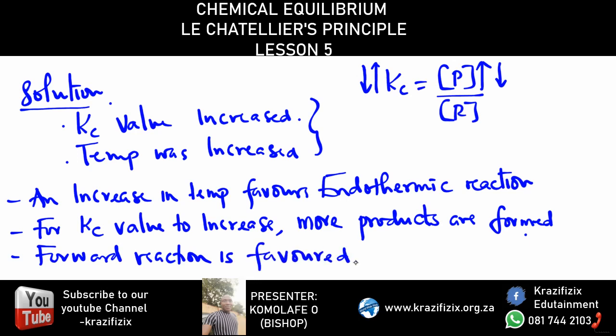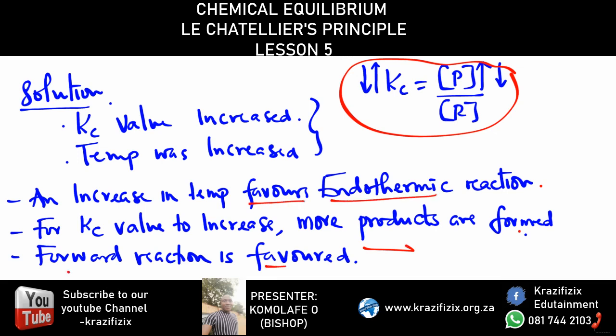All right, I hope you're linking. Let's link it. An increase in temperature favors the endo. Statement of fact. For Kc value to increase, more products will be formed. I did that mathematics there for you. For products to be formed, it means the forward reaction is favored. Well done. An increase in temperature favors endo. The forward reaction is favored.